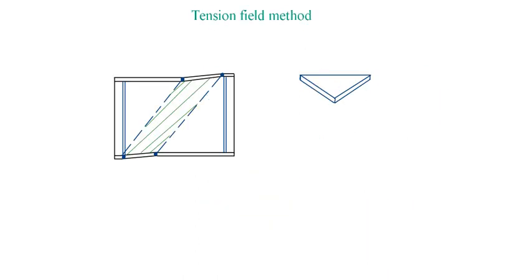Now to find S, this is Sc and this is St. This is compression flange and these are plastic hinges. Say the stiffener spacing is c and overall depth is d, and these are the transverse stiffeners.